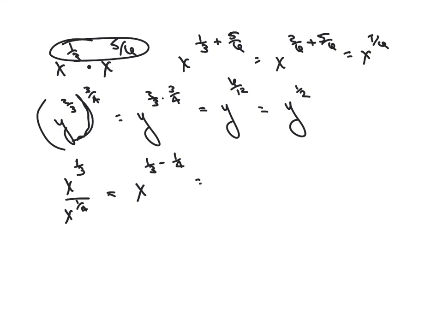And again, common denominators here, x to the 4/12 minus 3/12 gives me x to the 1/12, which actually is the 12th root of x. But usually when they give it to us as a fractional exponent, we leave the answer as a fractional exponent. Okay, so real quickly, 2 more and we'll be done.